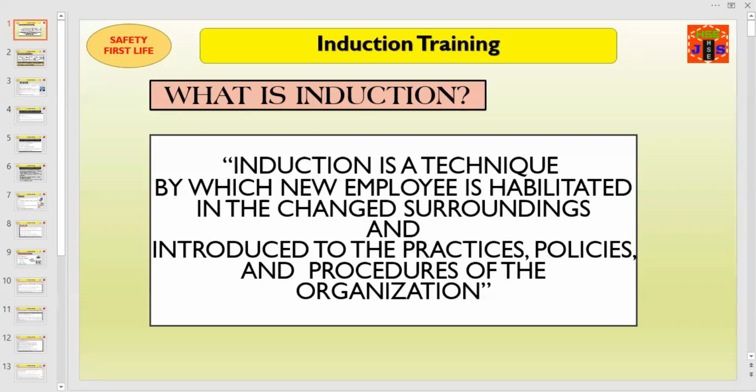What is induction? Dear friends and colleagues, induction is a technique, a process by which a new employee is habituated in the changed surroundings and introduced to the practices, policies, and procedures of the new organization.